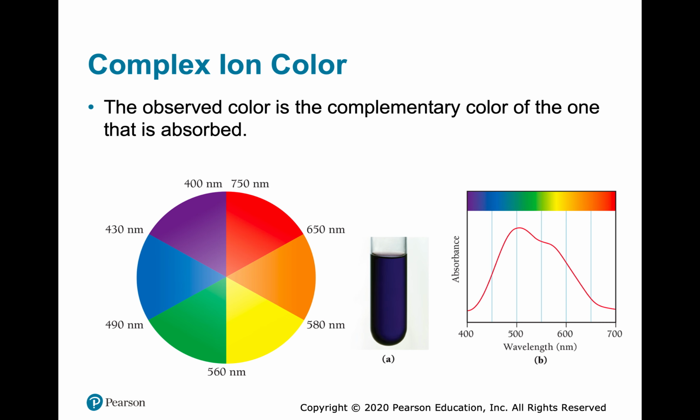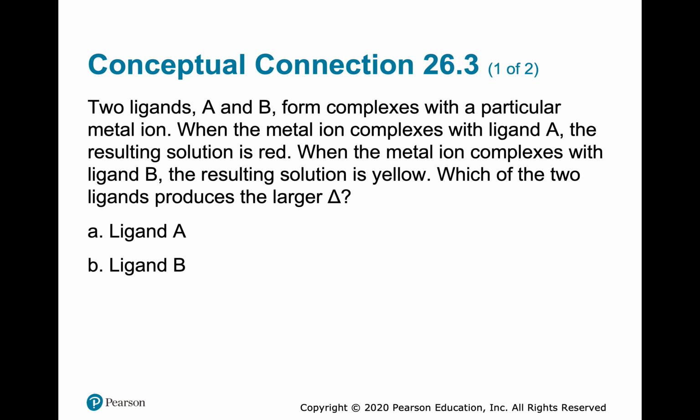So the max absorbance for the red one is going to be green, and for the yellow one it's going to be violet. Violet is higher energy, so that one is from the bigger jump. So this one's going to be B, because violet is a larger energy photon than green.